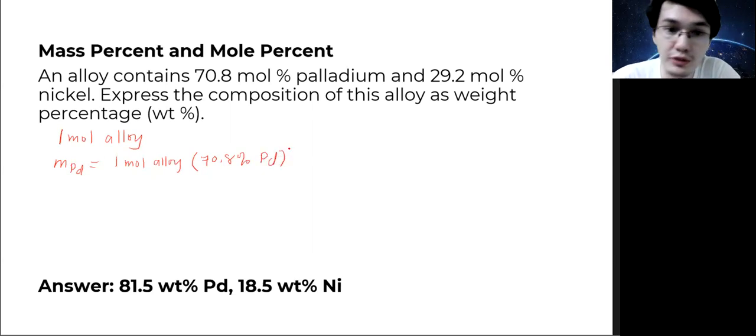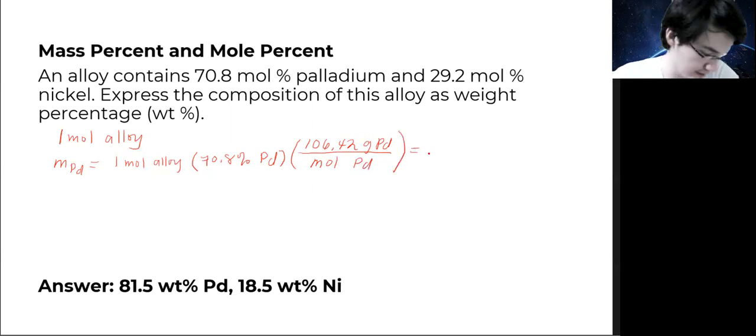Then we multiply it to the atomic mass of palladium, which is 106.42 grams palladium per mole Pd. Then we get 75.35 grams Pd.